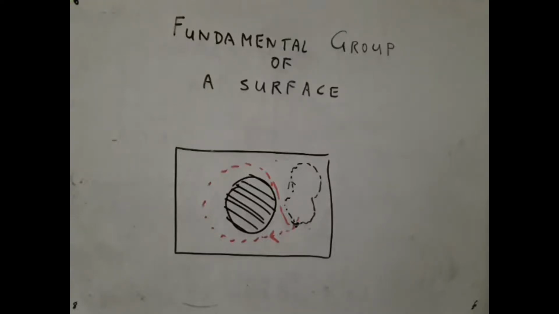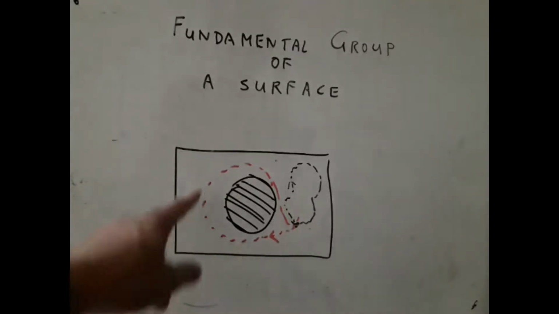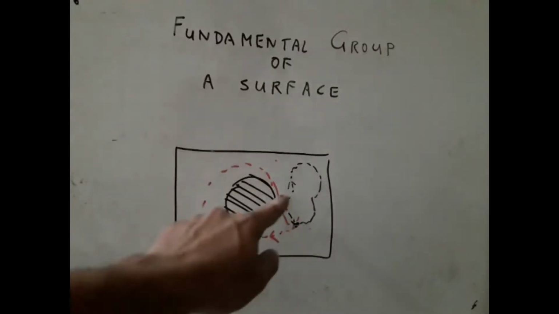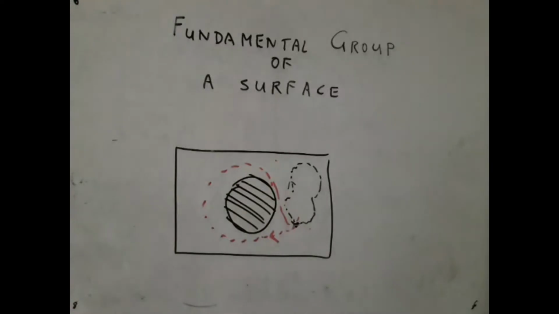So in this case, I cannot do that. So I will say that this path is fundamentally different from this path. Now what I shall do is I shall take each of these fundamentally different paths and consider them as different objects, and these things will quite surprisingly constitute a group.